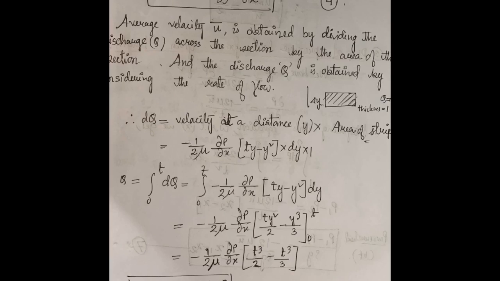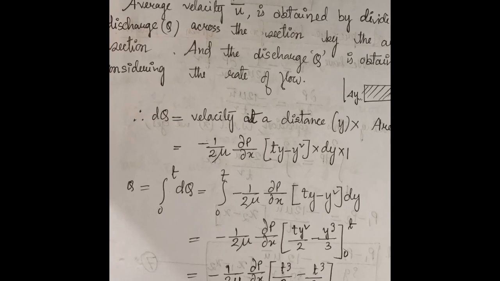So, you have got u maximum. Now you have to find the average velocity, which is denoted by u bar. So how do you find u bar? The average velocity is obtained by dividing the discharge across the section by the area of the section.